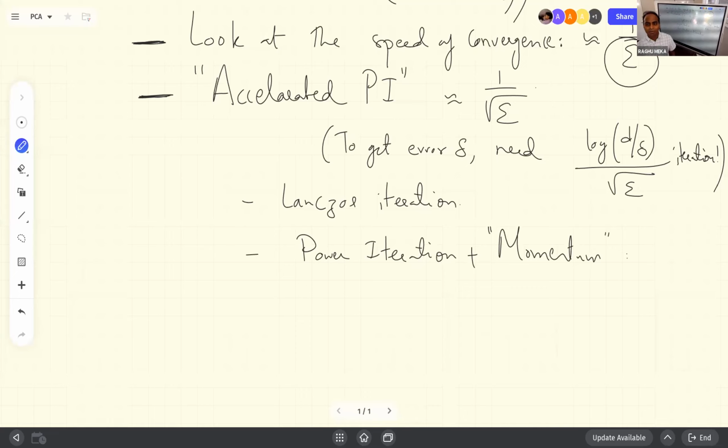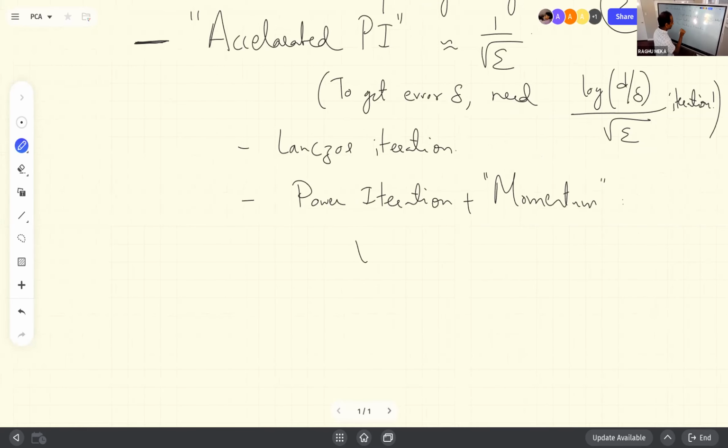Okay. So remember when we talked about gradient descent, we said we can do an accelerated gradient descent where we somehow take the previous history into account, right? And in power iteration, we are ignoring the entire previous history, right?